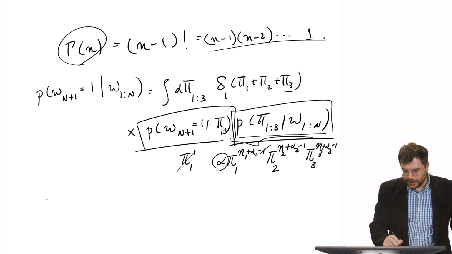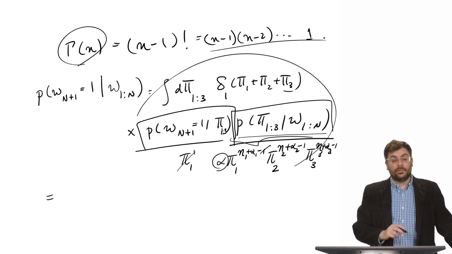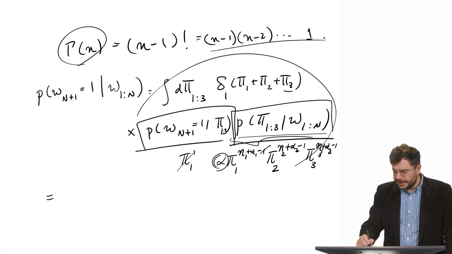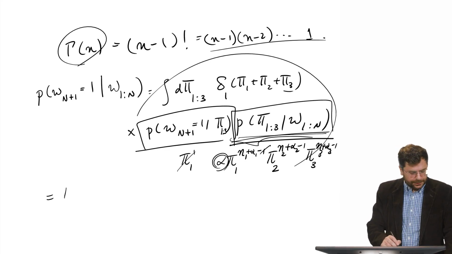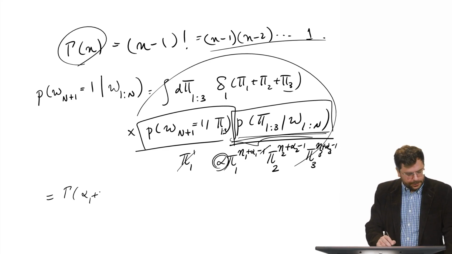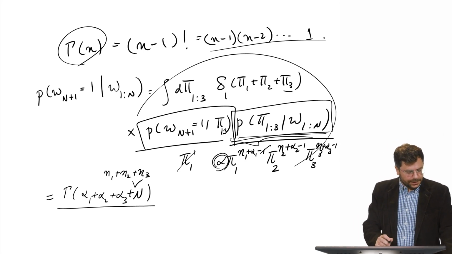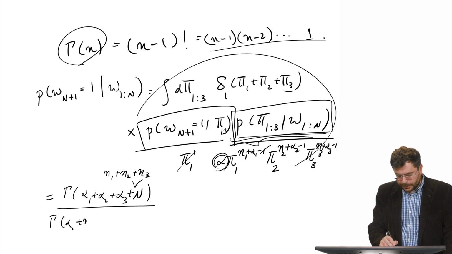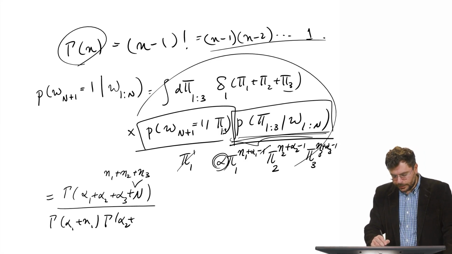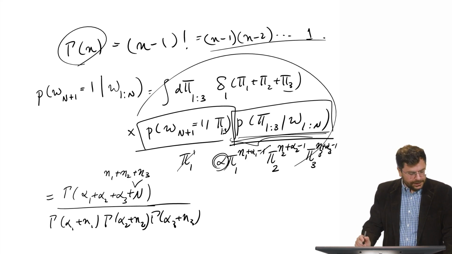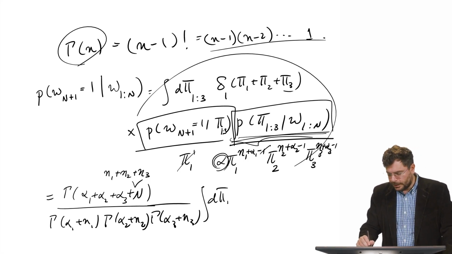If I were to rewrite this entire integral a little bit more neatly, writing out the normalization for my posterior as a prefactor, I have gamma of alpha 1 plus alpha 2 plus alpha 3 plus n, here n being n1 plus n2 plus n3, the sum of all three outcomes. And then I have gamma of alpha 1 plus n1, gamma of alpha 2 plus n2, and gamma of alpha 3 plus n3. And here I multiply by this integral.